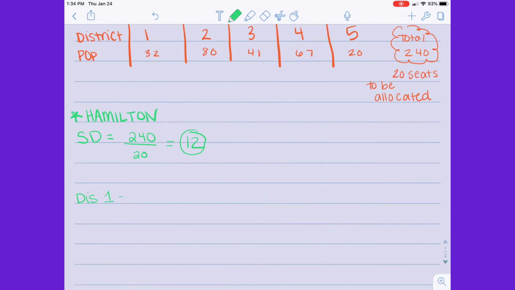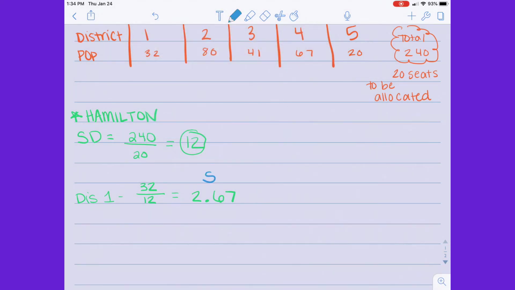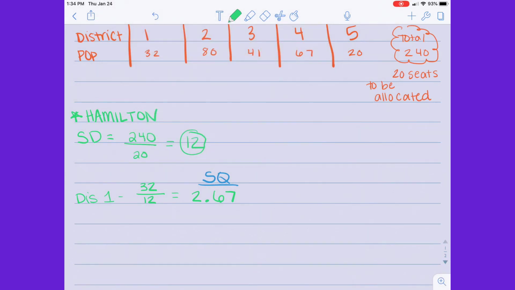For example, District 1 has a total population of 32, and I'm going to divide it by my standard divisor, 12. 32 divided by 12 gets me 2.67. I'm going to call this column my standard quotas, and I'm going to do this for every district.